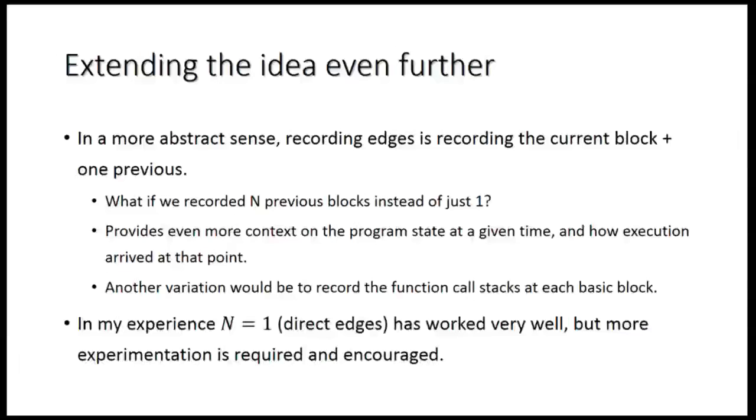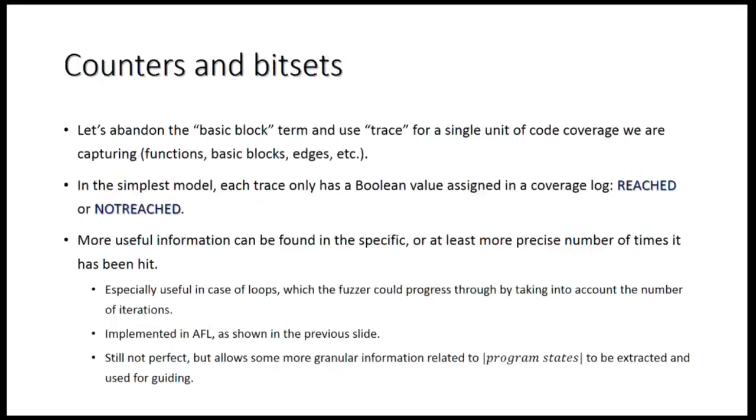But in my experience, the direct edges are quite a good approximation because they are fast to determine, and they also don't have too much redundancy. But yes, you can also have even more granular information, such as counters and bit sets. So instead of just recording whether a specific basic block or edge has been reached or not, we can count how many times it has been reached.